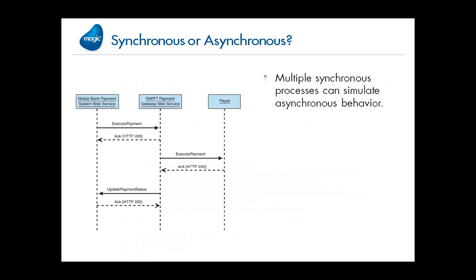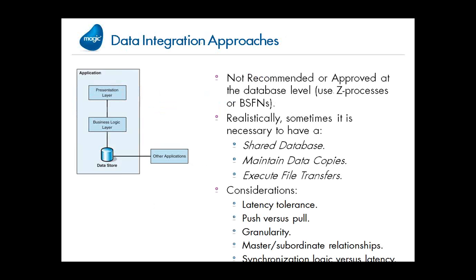We really see this as being almost interesting, you know, that a lot of asynchronous processes can be coupled together to create what appears to be a synchronous or real-time interaction, but quite often it's pieces of that. Data integration is something that you need to look at. What is the latency? What is the granularity of the information? What are the master-subordinate relationships?